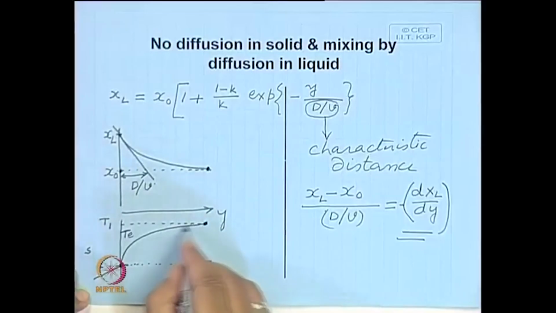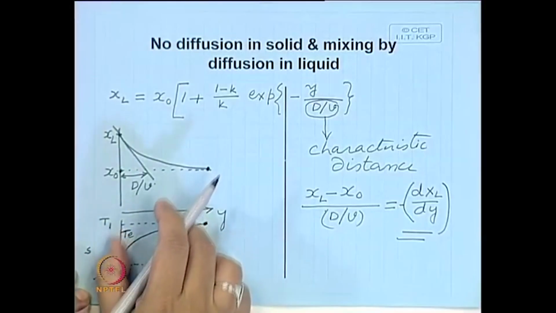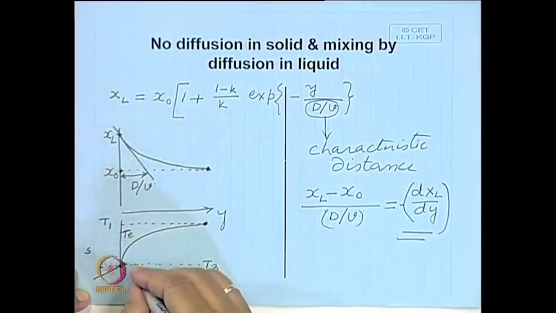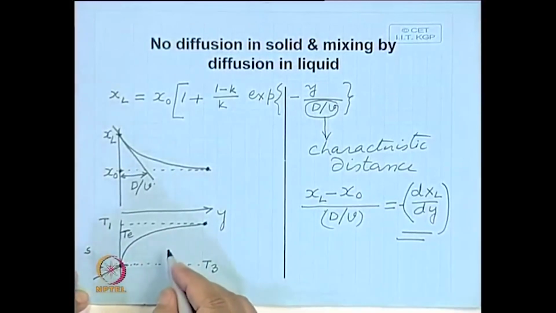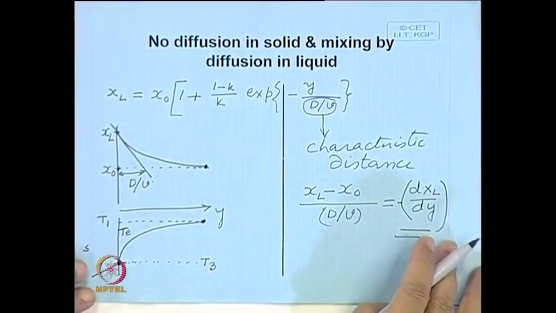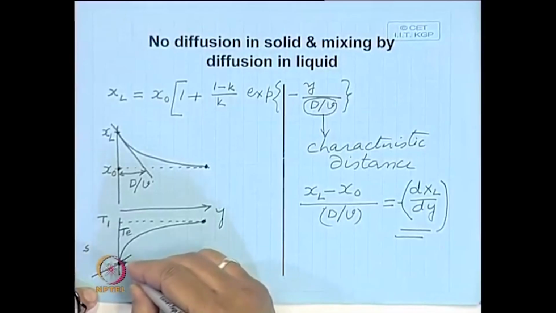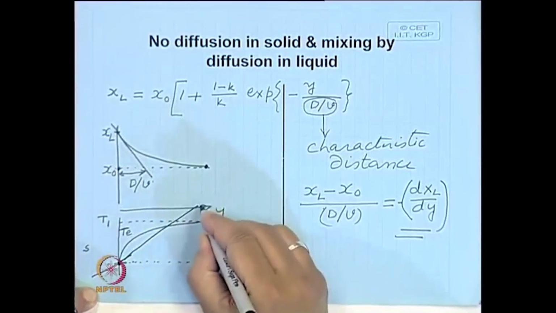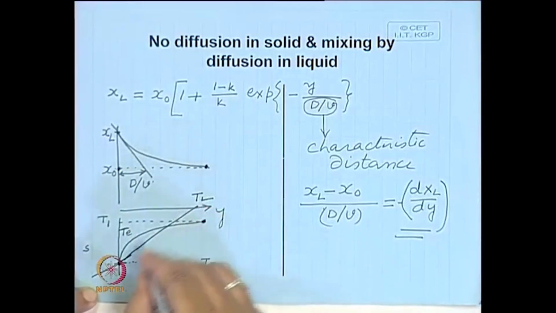Far away its temperature is the same as T1, but in the transient zone this is the temperature of the liquidus. Now, let us look at the temperature gradient that we are maintaining. This is the cooling condition, the mold condition is such that we are able to maintain this gradient, this is the temperature of the liquid.